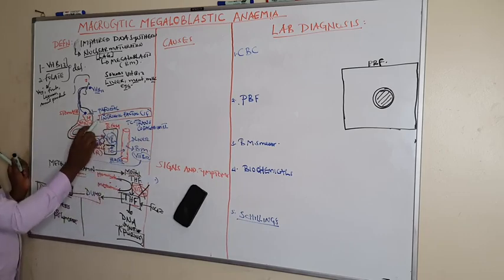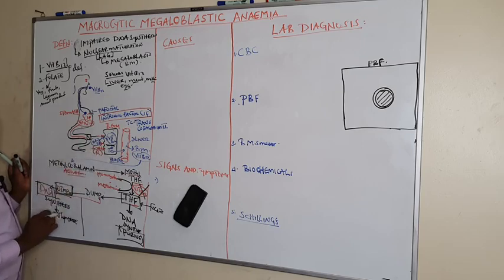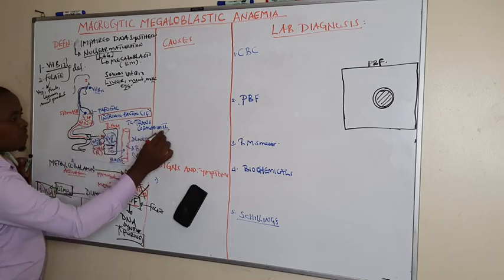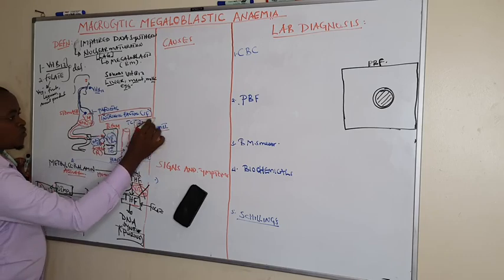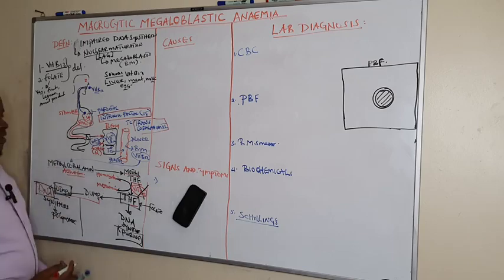Because without intrinsic factor, we cannot absorb vitamin B12. Because without it, it cannot attach on the receptors. And we are going to see even people who have deficiency of transcobalamin 2, meaning they cannot also transport vitamin B12.